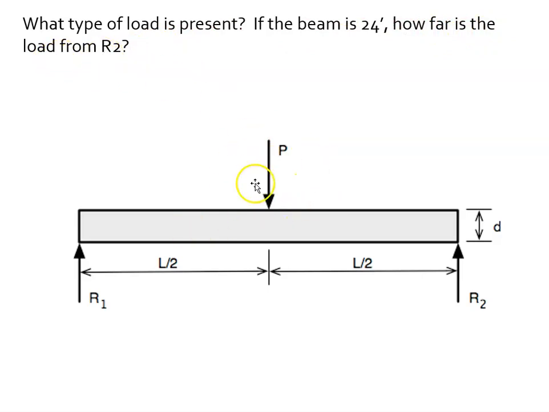So we have a point load coming down, we have a reaction, so this is reaction 1, where this beam is being supported at reaction 1, and then it's being supported also at reaction 2, and this is right in the middle, because L is the length, and this is L divided by 2, and L divided by 2, so it is 12 and 12 feet. So the point load is 12 feet from reaction 2.